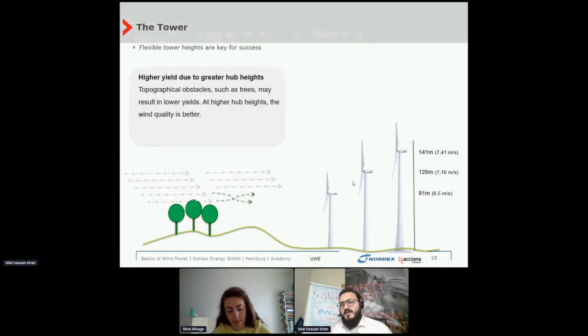So in that area we can use a taller tower, because when we increase the height of the tower, we will receive undisturbed wind at that height. So this is also a good option if we have any area where we have too many obstacles on the ground, then we can use a taller tower. We can use the same nacelle size, same rotor size, but we can increase our tower. So this is also an option we have.